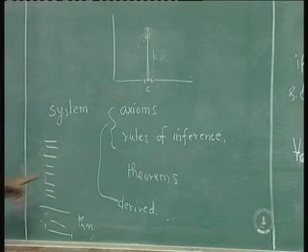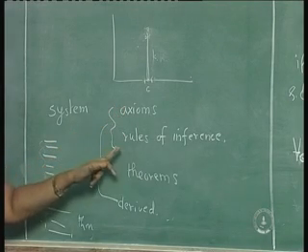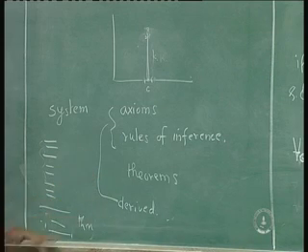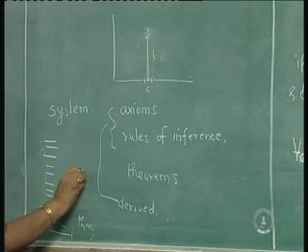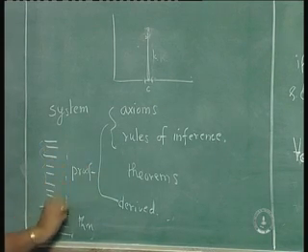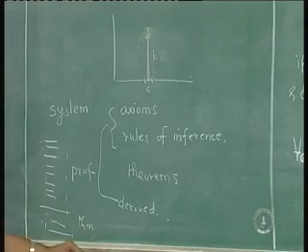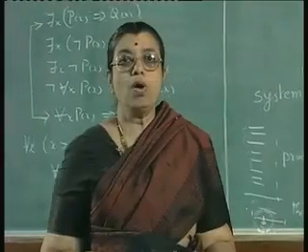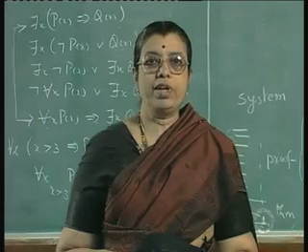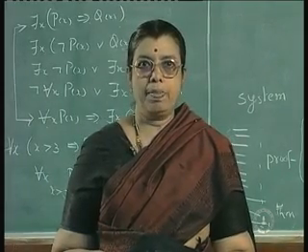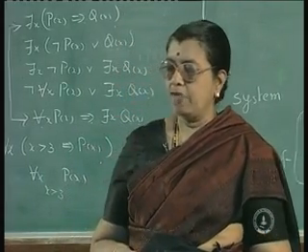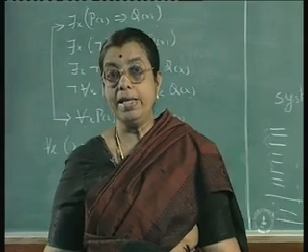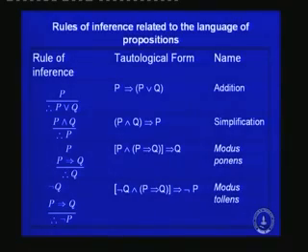The derivation of the theorem from axioms using rules of inference is called a proof. And this proof may go wrong if you apply the rules of inference in a wrong manner. Now, we have some rules of inference in logic which we have already seen in the first or the second lecture maybe.